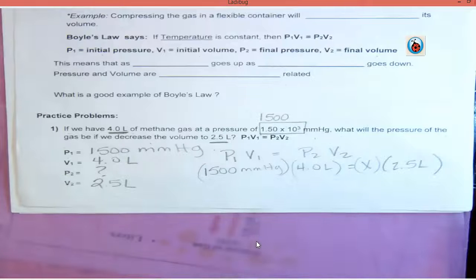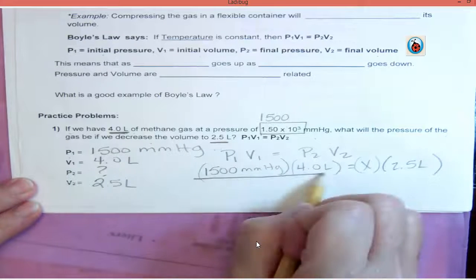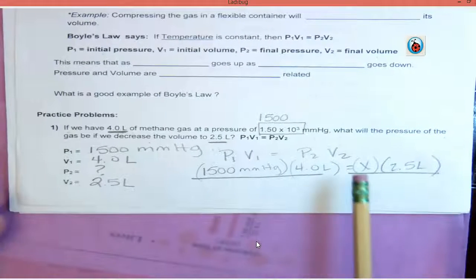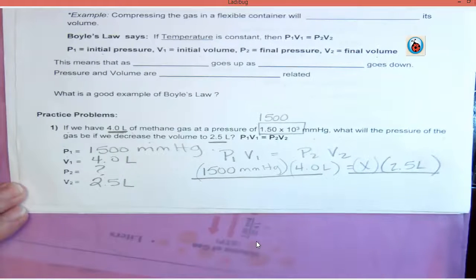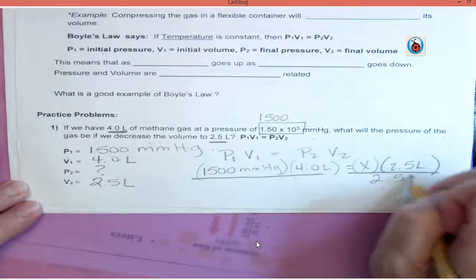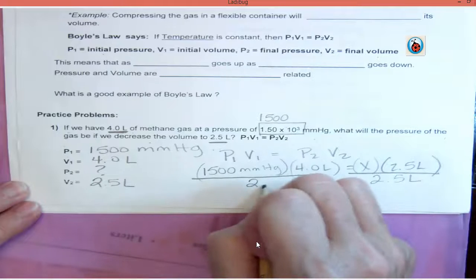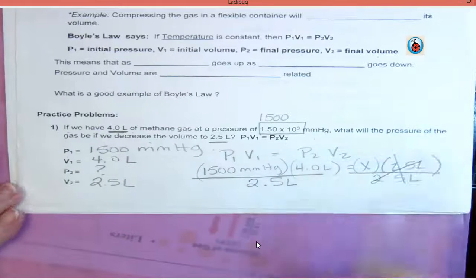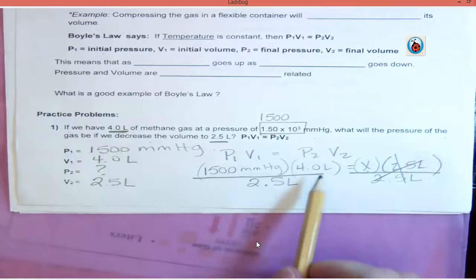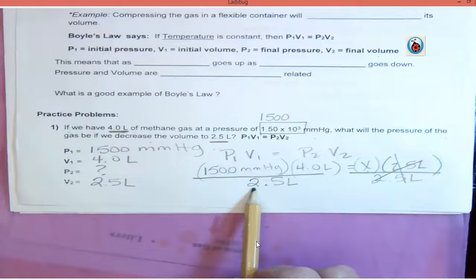And we're ready to calculate. What do we do when we do one of these calculations? I need to get X alone, so I need to solve for X. So I've got to get rid of this 2.5. So to get rid of the 2.5 liters, I'm going to divide both sides by 2.5 liters. These will cancel, so X equals 1,500 times 4 divided by 2.5.